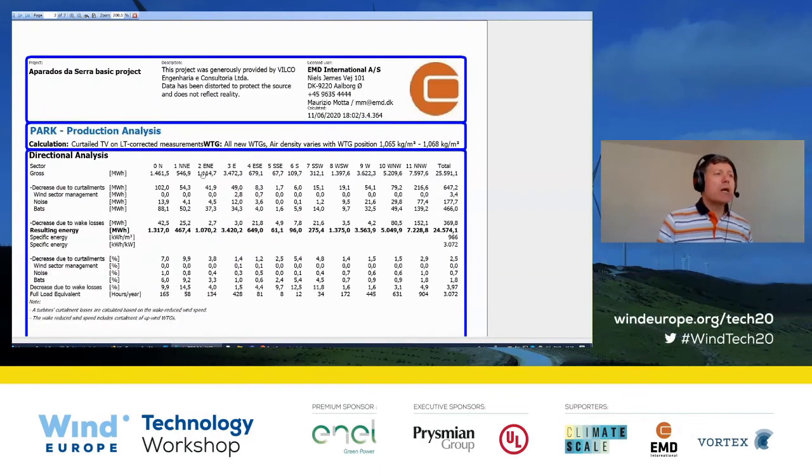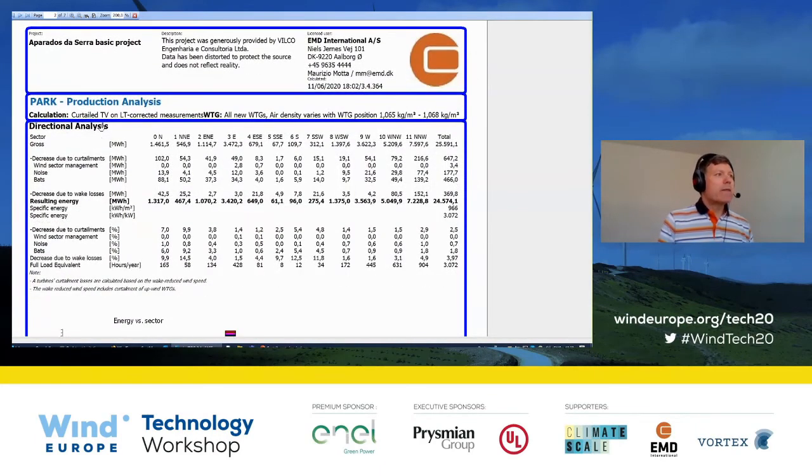Next page is the production analysis. This is shown for the entire wind farm, and also here you basically see the contribution of the different curtailment losses, again, as you are familiar with, sector-wise, or more simply, the total. So you have wind sector management, noise protection, noise protection and BATS protection.